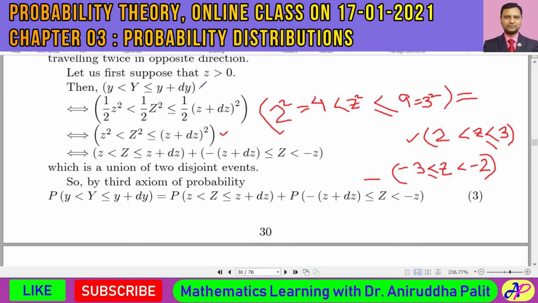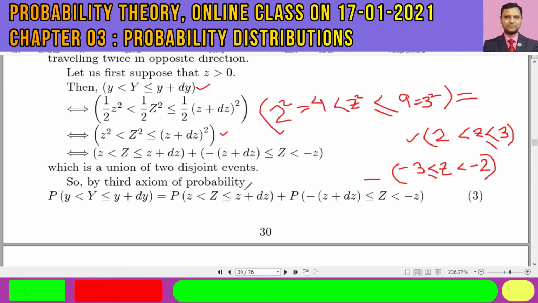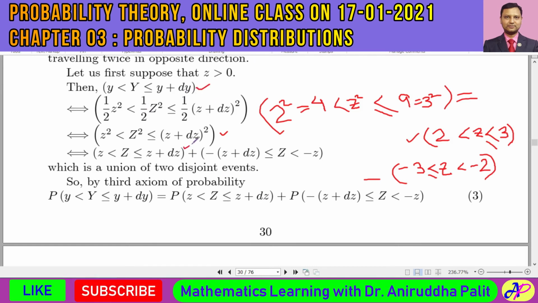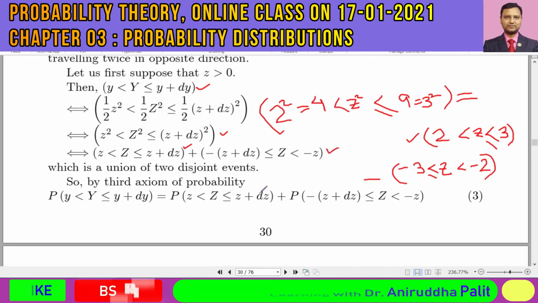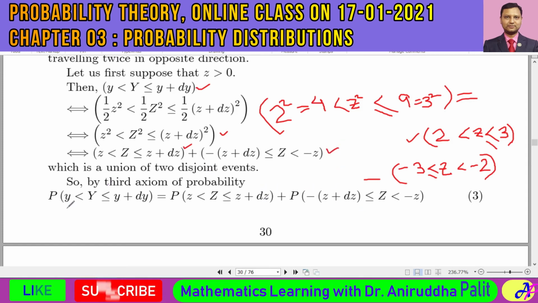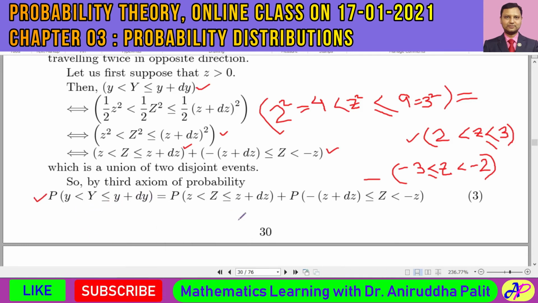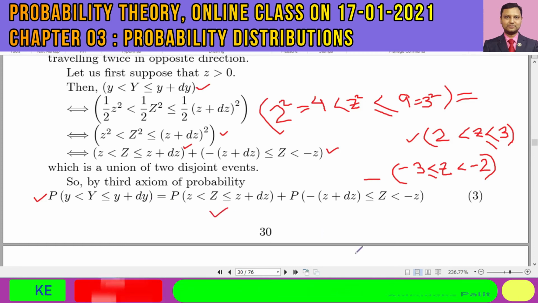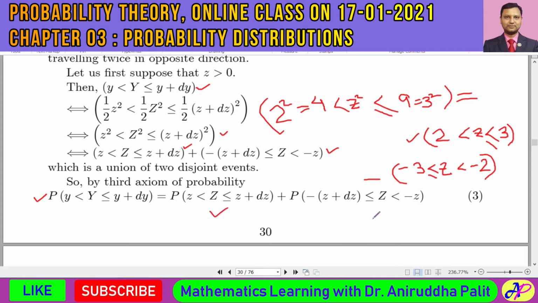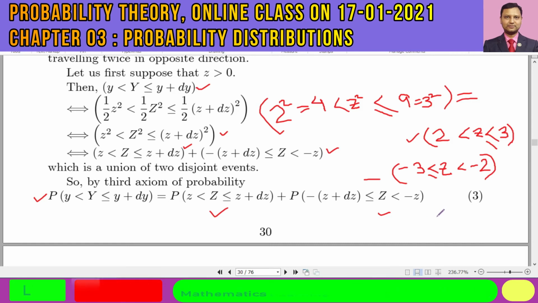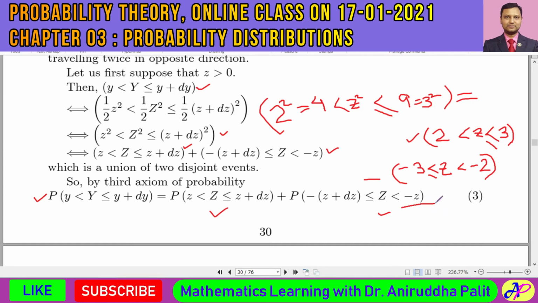And therefore the probability of this kind of event should be equal to the probability of this first event plus the probability of this second event, so that we can write the probability of y less than capital Y less than or equal to y plus dy as the probability of the first event, that is z less than capital Z less than or equal to z plus dz, plus the probability of minus z plus dz less than or equal to Z less than minus z.